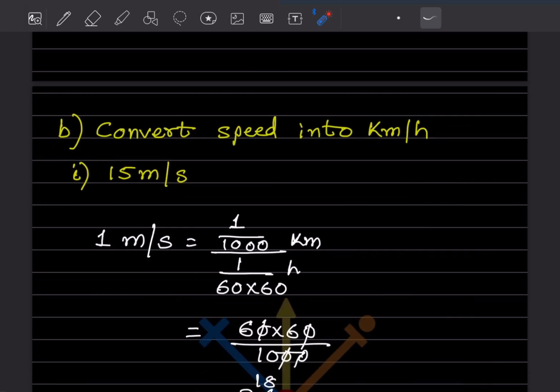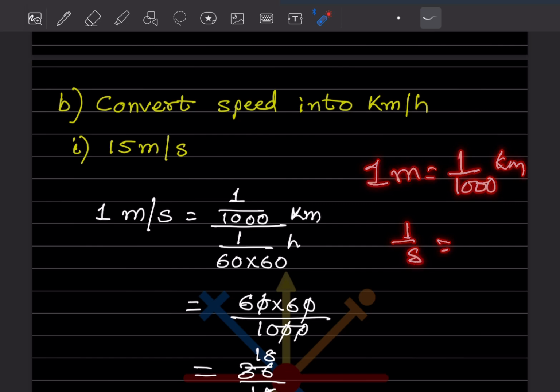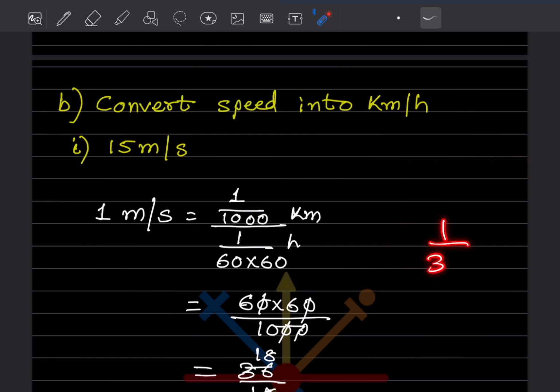Now convert speed into kilometer per hour. That was kilometer per hour to meter per second. As I said, the first thing we should know is 1 meter per second means 1 meter will be 1 by 1000 kilometer, and 1 second is 1 by 3600 hours.